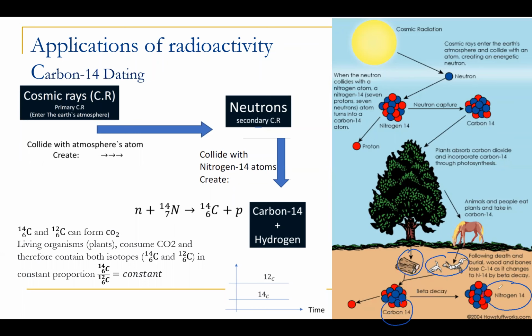So the carbon 14 is created from the nitrogen 14, and again the nitrogen 14 will be created from the carbon 14 after the death of the living organisms. So it's a cycle between the carbon 14 and the nitrogen 14.